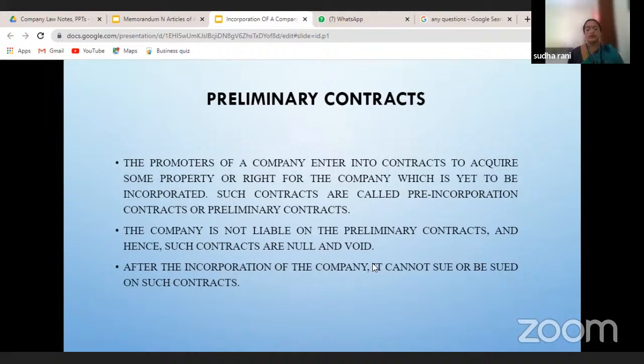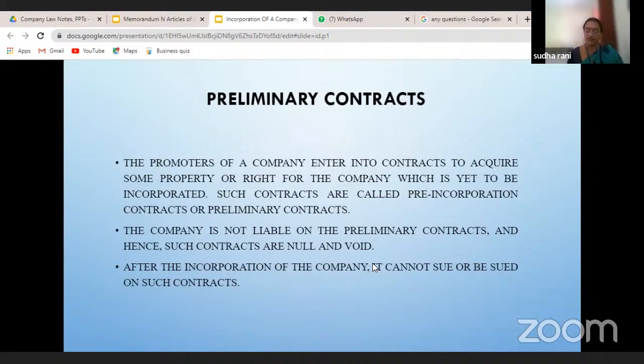The company is not liable on the preliminary contracts, and such contracts are null and void. Because why? It is the promoter's responsibility. After the incorporation of the company, it cannot sue or be sued on such contracts. That's to be remembered, because the entire responsibility is in the hands of the promoter.